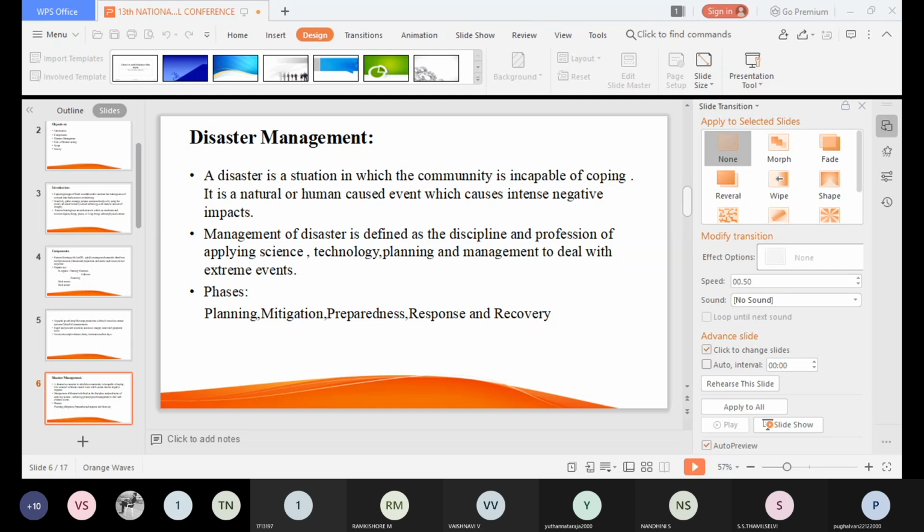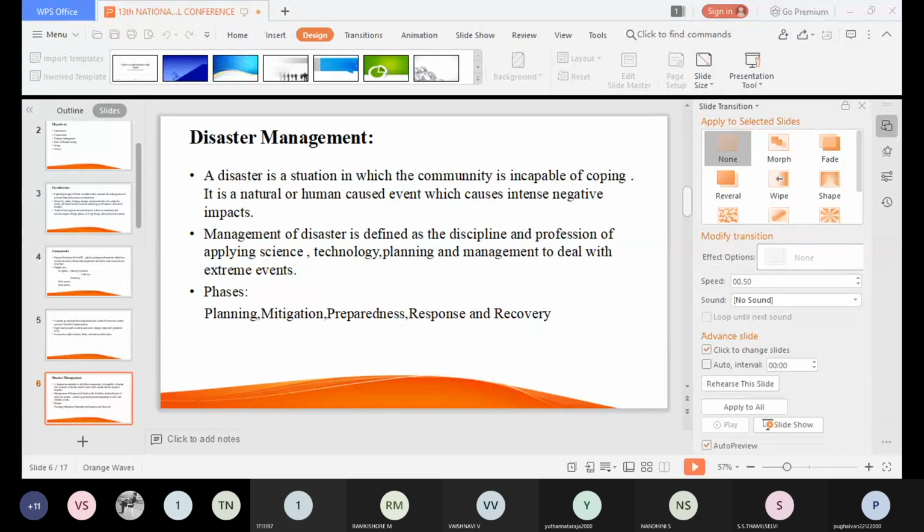The disaster may be due to natural or man-made causes. Natural like floods, tsunamis, cyclones, earthquakes, lots of that. Man-made disasters are pollution, deforestation, like that.